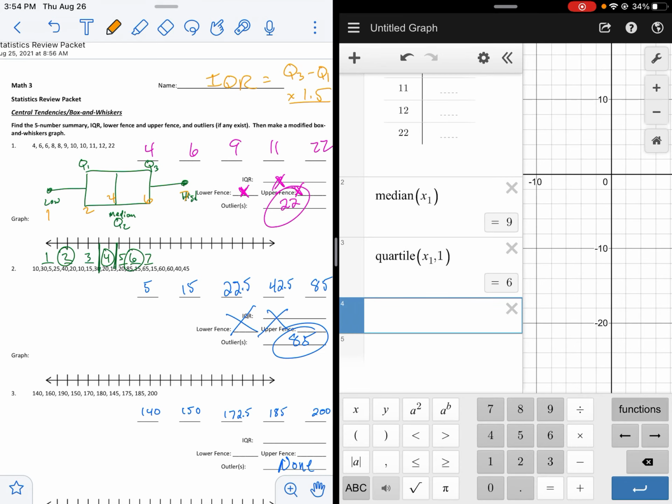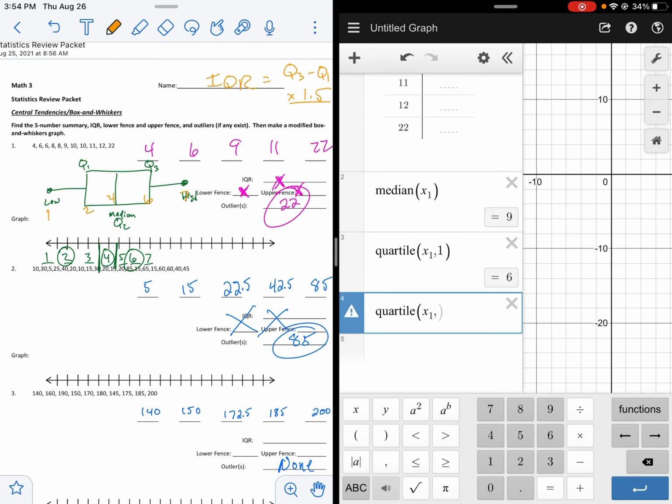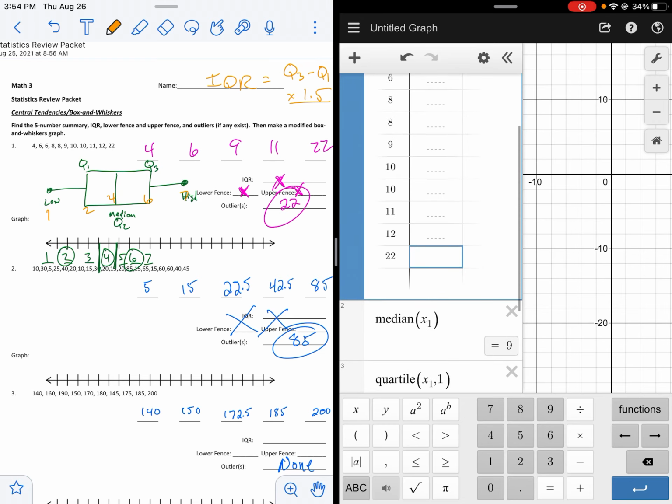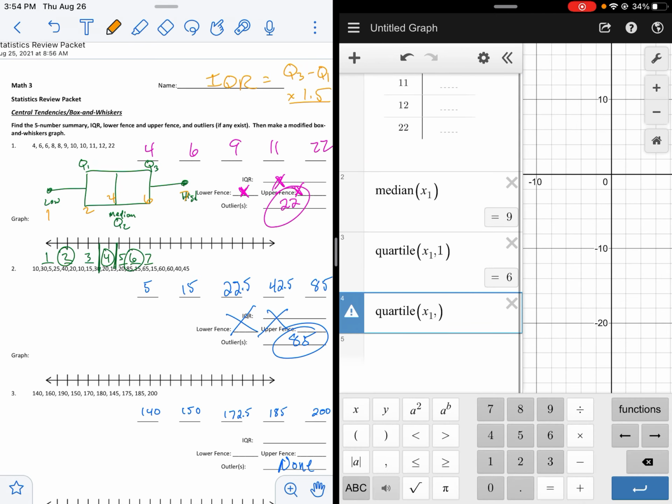So we'll do it again. Quartile, X1 for the data. We're calling it X1 every time because the table is called X1. X1 comma 3 for the third quartile.